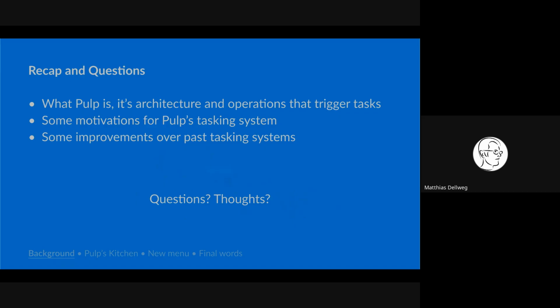The problem was that the specific edge cases, or the specific idea about how to serialize tasks that Pulp imposed on the tasking system, led to these tasks being saved into databases. And somehow we never managed to get consistent.